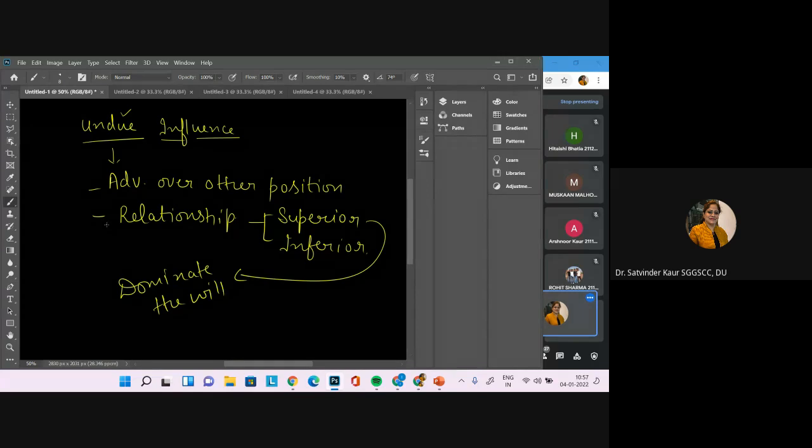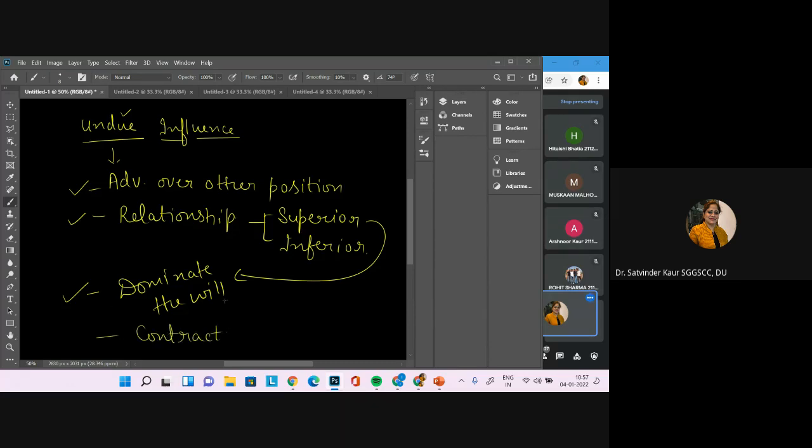So the relationship should be there, domination of will should be there, and that domination should be for entering into the contract, and the other person is taking undue advantage of his position. When all these essentials are there, then it would be called that undue influence has been used.